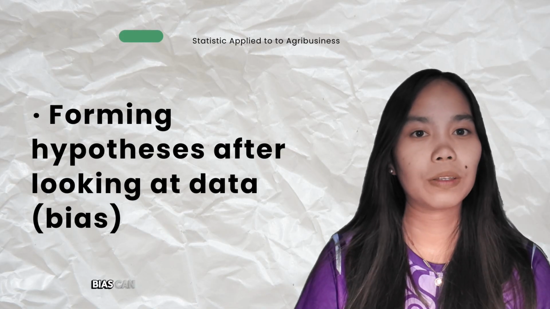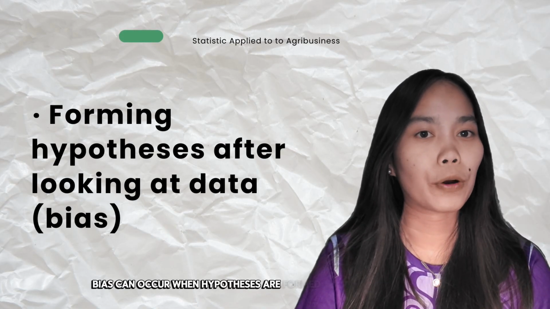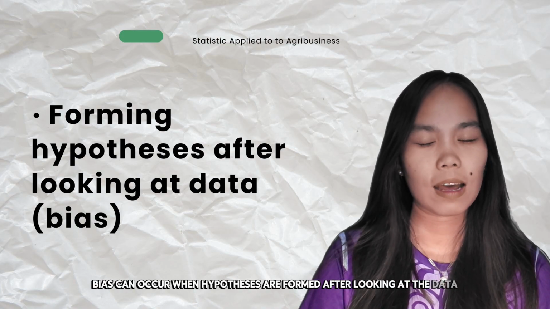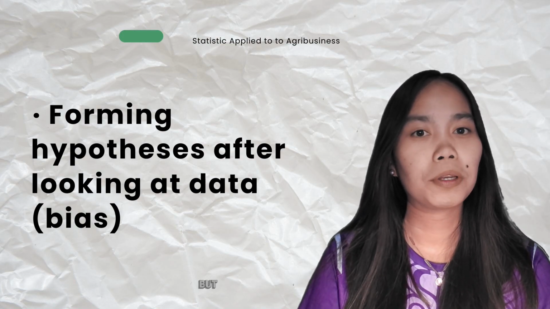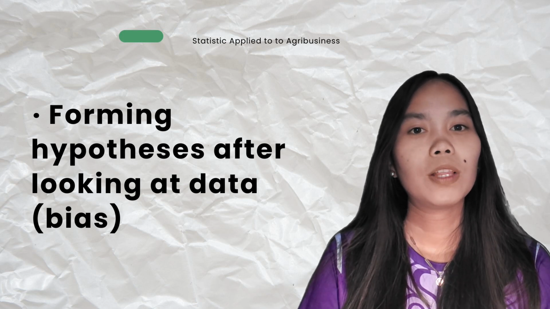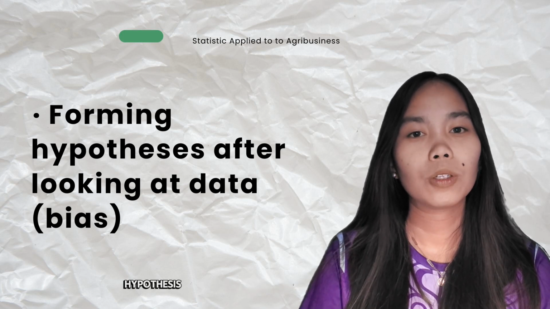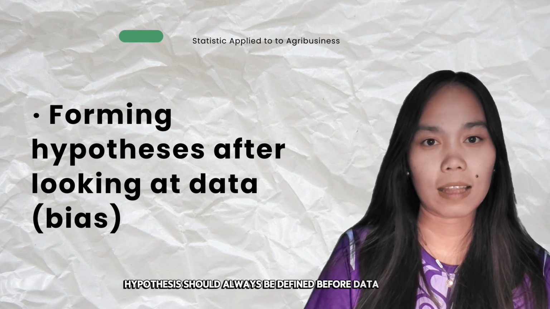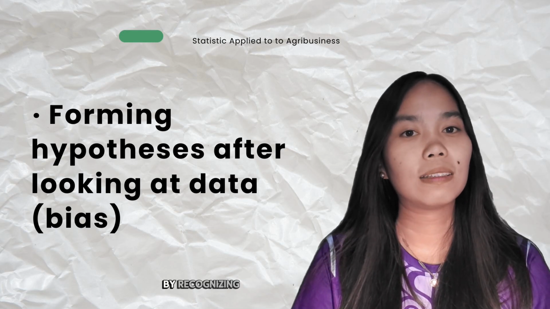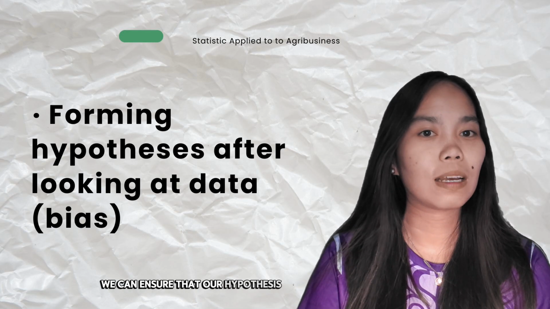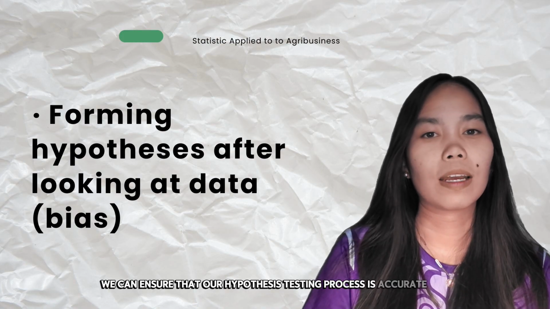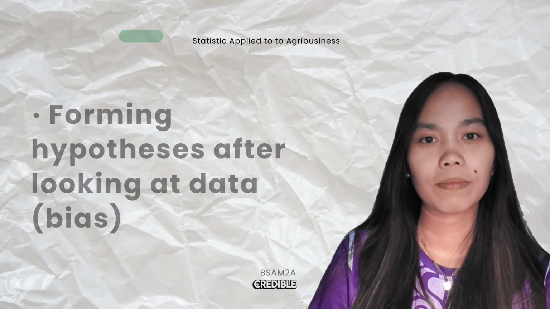Lastly, bias can occur when hypotheses are formed after looking at the data. This practice can lead to results that appear significant but are not truly meaningful. To avoid this, hypotheses should always be defined before data analysis. By recognizing and avoiding these mistakes, we can ensure that our hypothesis testing process is accurate and credible.